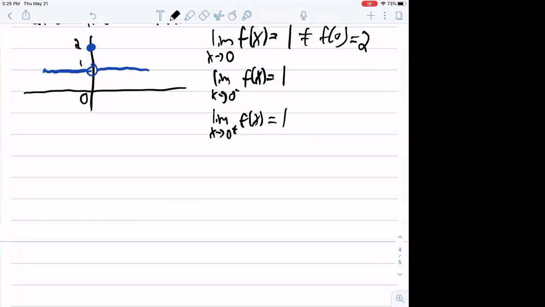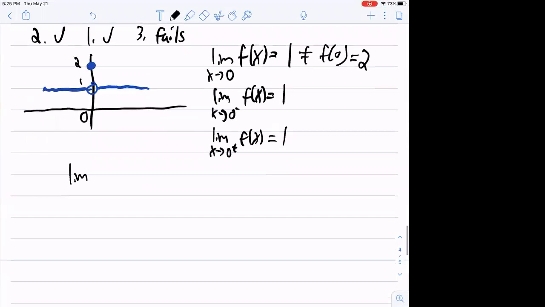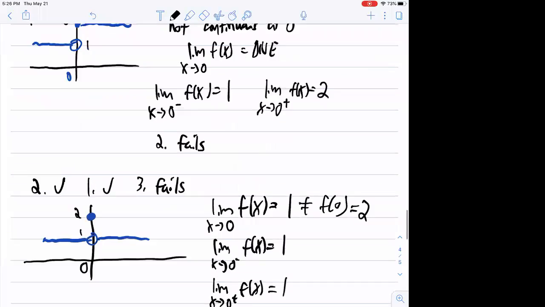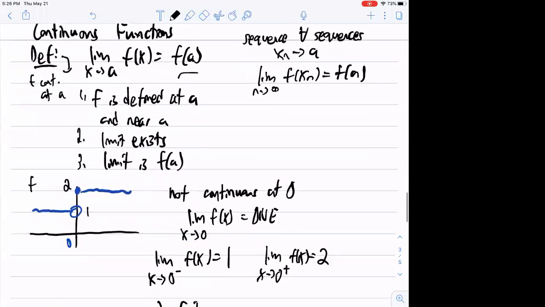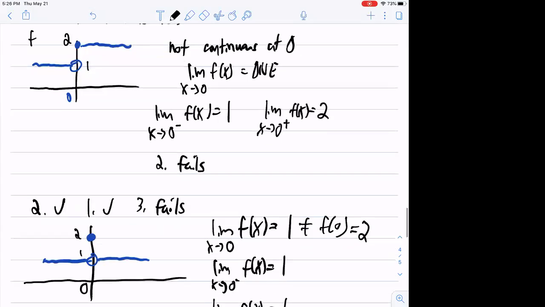Like here, f of x equals 1 over x is not defined at 0. So not continuous at 0. Yeah, that's pretty clear. Okay, so is everyone, at least picture-wise, understanding what continuity is, or at least counterexamples, things that are not continuous?